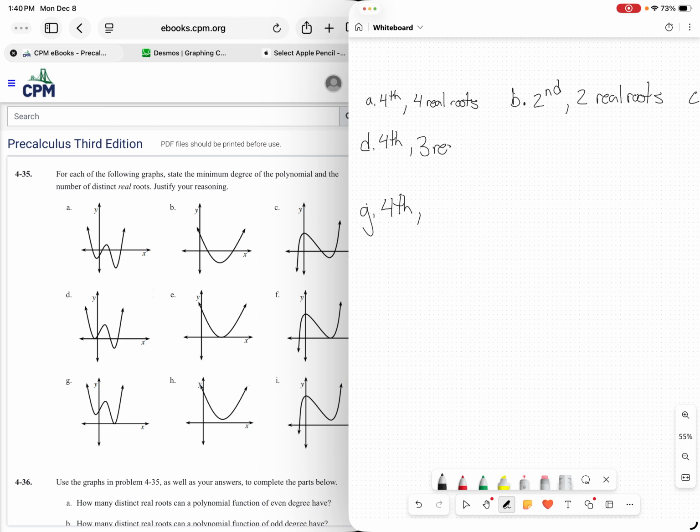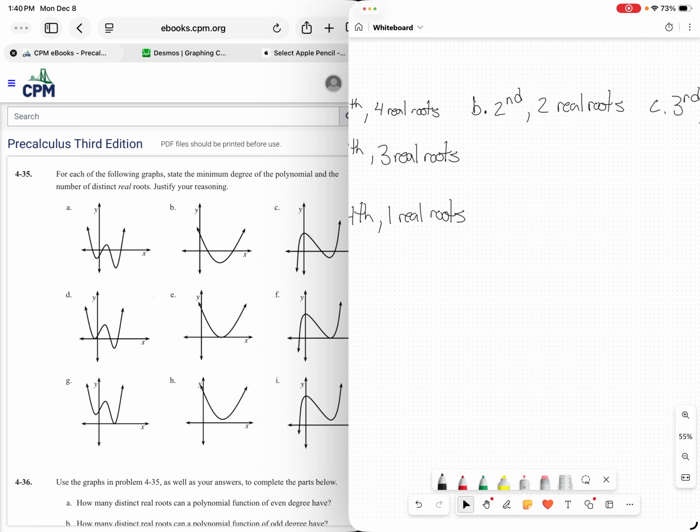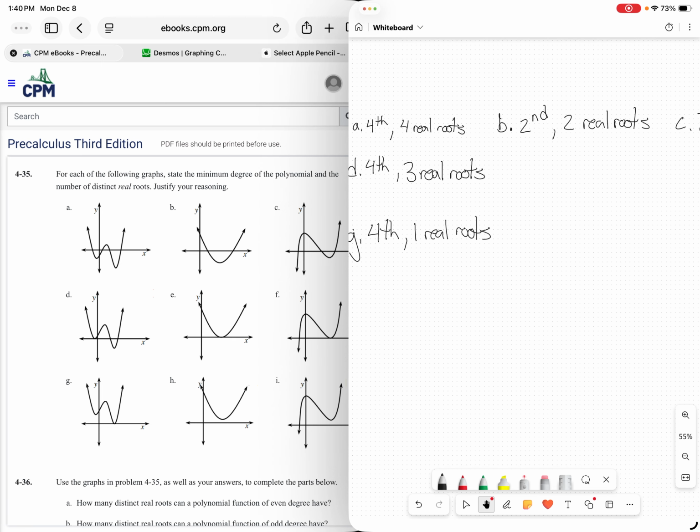So there's 3 real roots. Now that 3rd one to the left over there is a double root. Okay, and now if we look at G, there's only 1 real root. Again, it's a double root, right? It just touches or bounces off. Okay, but that's a great look there. All 4th degree, different number of roots.